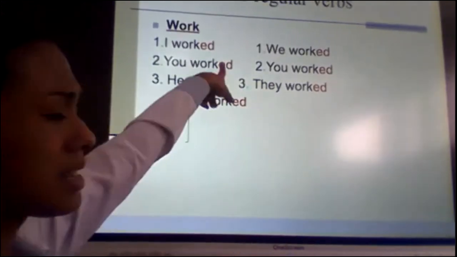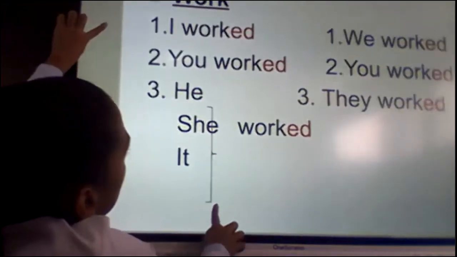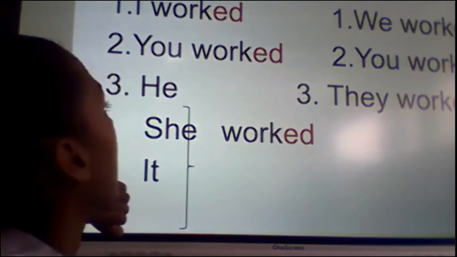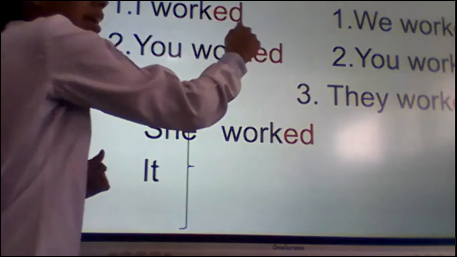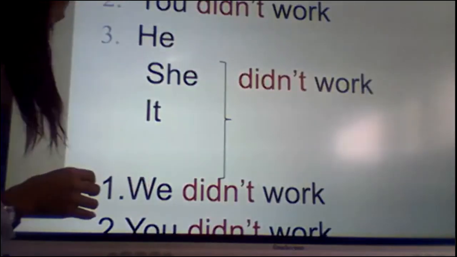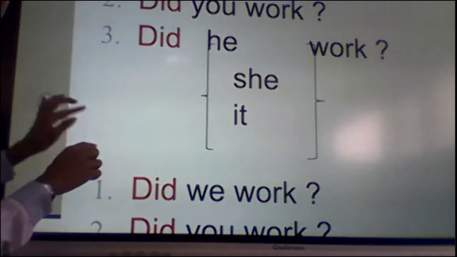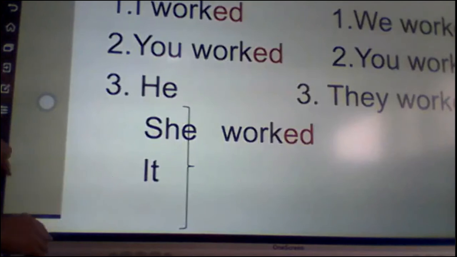Can you see the text? Is it too short? Is it better in that way? Bigger, nice. So work in present, ed in past. Only ed will be useful there, okay? There we go.